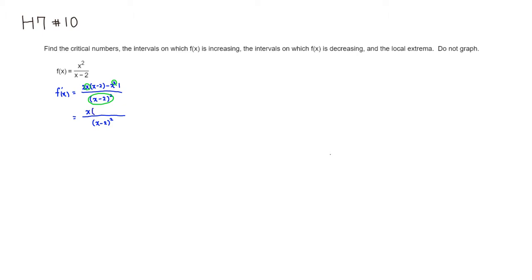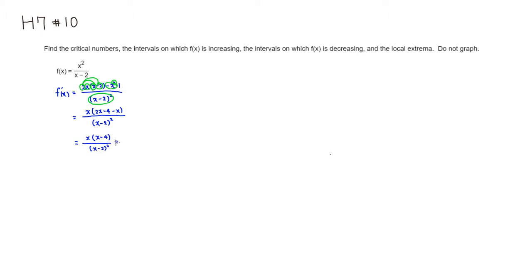What's left is 2 distributed to x, so that would be 2x, and also 2 distributed to negative 2, so that's negative 4. Then we have negative x there, so you have to subtract x. So this is going to be x times x minus 4 over x minus 2 squared.